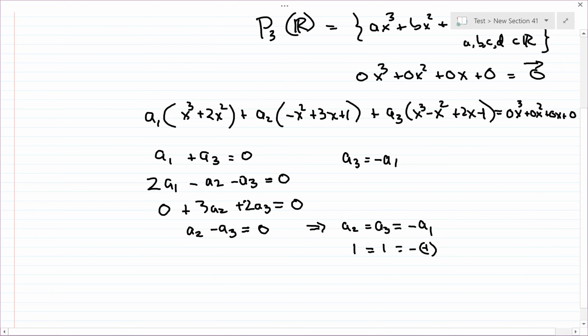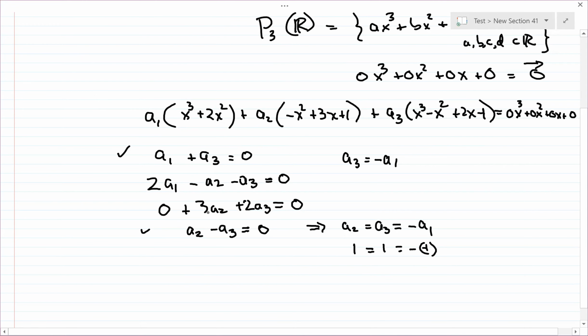This is suggested since A1 and A2 have to be equal to each other by this equation, and this is suggested because A3 is minus A1 by the first equation. So I just looked at these 2 equations and I'm getting a non-zero candidate that I think might solve all the equations. Well, certainly they'll solve these 2. Well, let's solve this one.